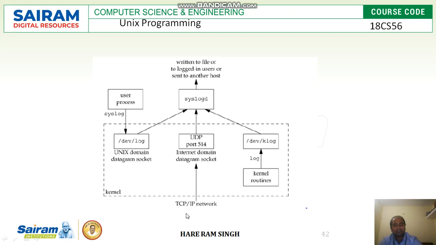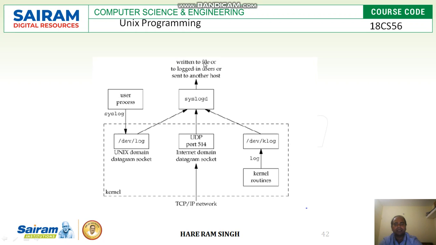Similarly, another thing, using a TCP IP network, any process, whether it is staying locally or remotely, can write the error message to UDP port 514, and from here the messages can be written to syslogd.